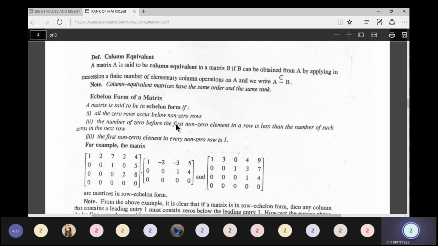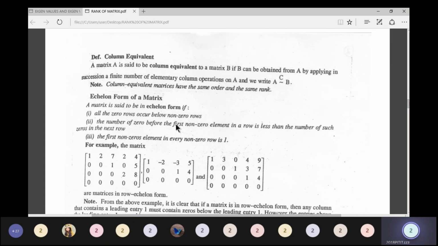Echelon form of the matrix. A matrix is said to be in echelon form if all the zero rows occur below the non-zero rows. You see, in this problem, in the final stage, the zero rows occur below the non-zero rows. The first row, second row, and third row are non-zero, since at least one element is non-zero.